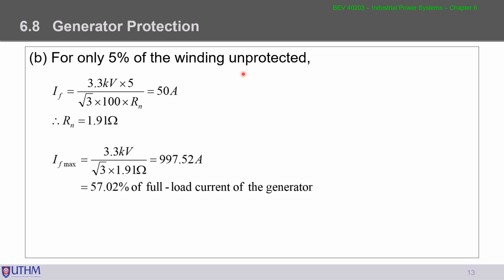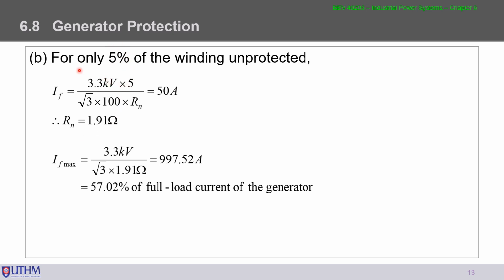As we know, in A, we solved for P and got the unprotected winding of about 11.88%. For this question, we only allow 5% unprotected. So we have to calculate the new Rn for this condition.